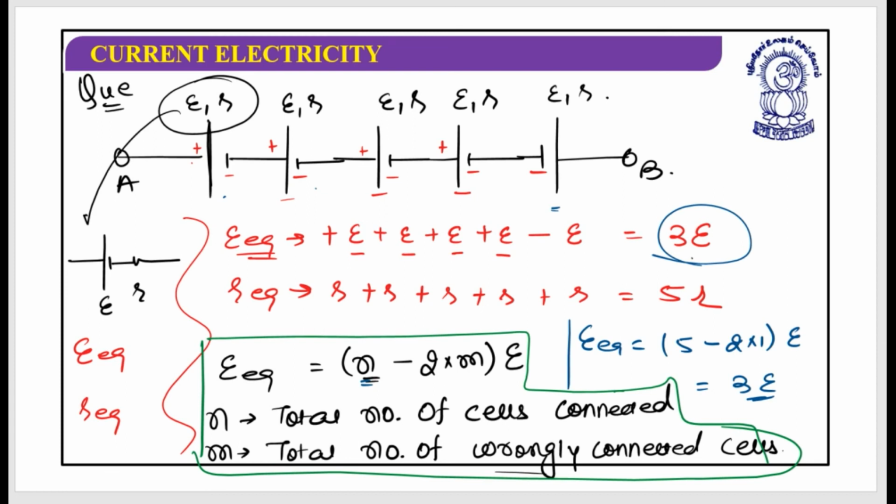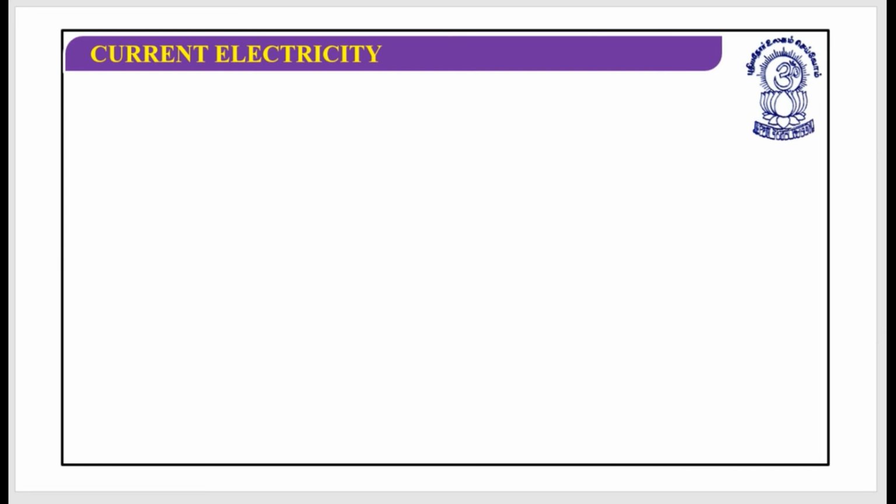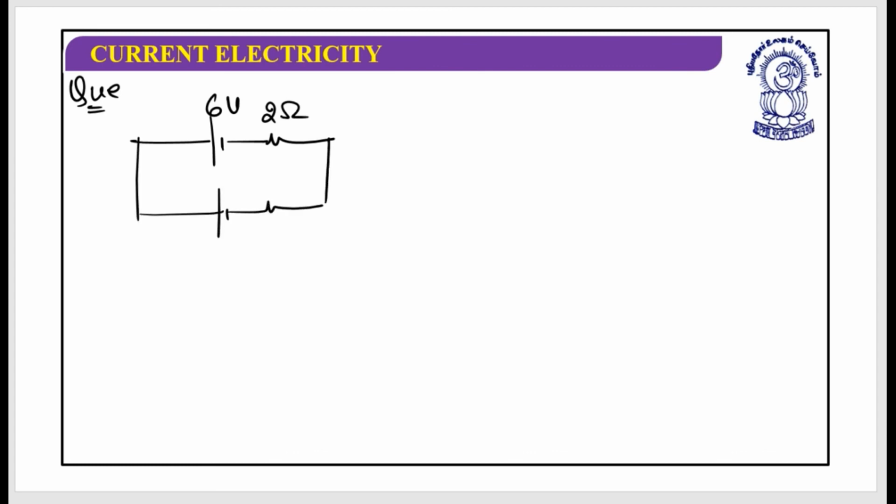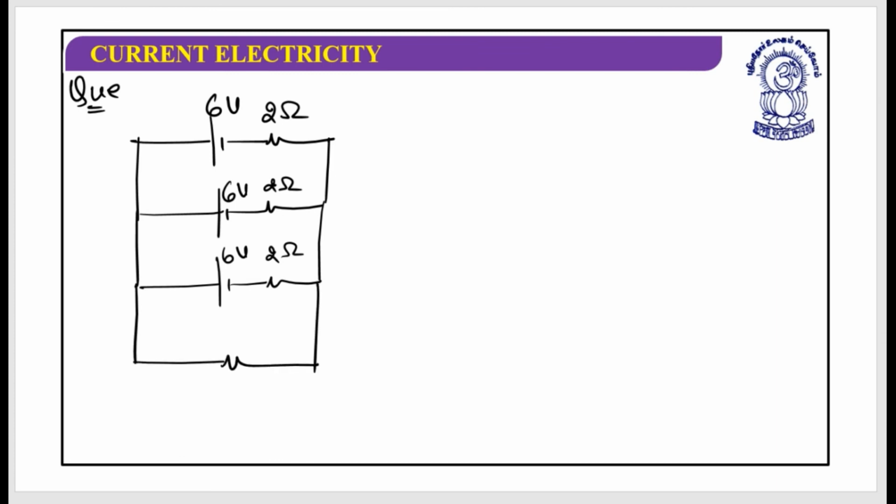Great. Now let's take one question from the parallel combinations of cells. Let's say this is 6 volt, 2 ohm; this is 6 volt, 2 ohm; this is 6 volt, 2 ohm. And this total network has been connected with resistance R. If you observe this very carefully, how could I come to know whether it is in series or in parallel?